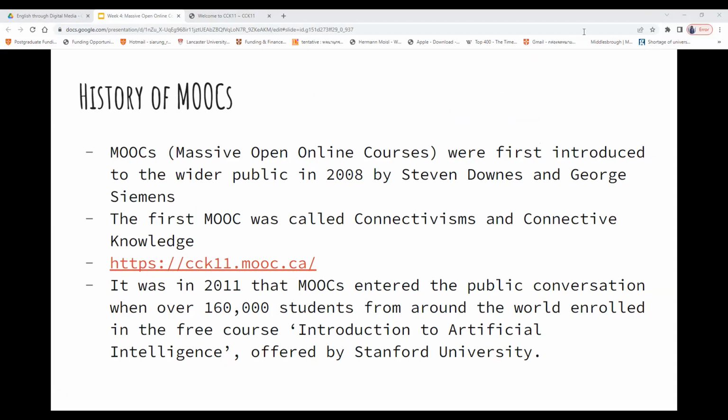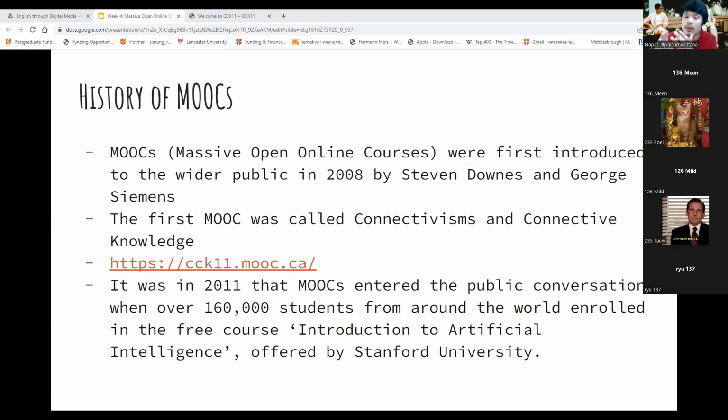So, just to go back to the history, MOOC went public in 2008, and then it took a really slow start, and it became really popular in 2011. It really entered into a global conversation when they had more than 160,000 students from around the world enroll in a free course called Introduction to AI offered by Stanford University.